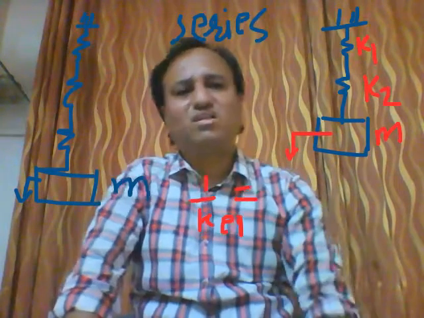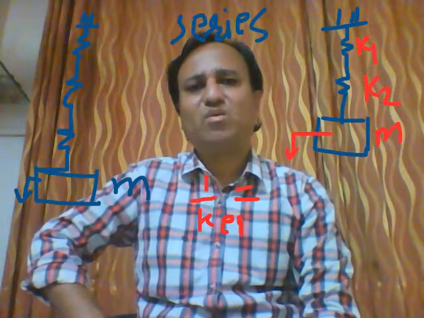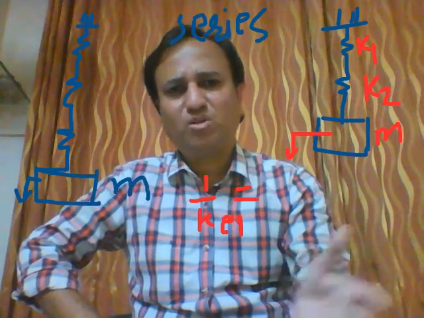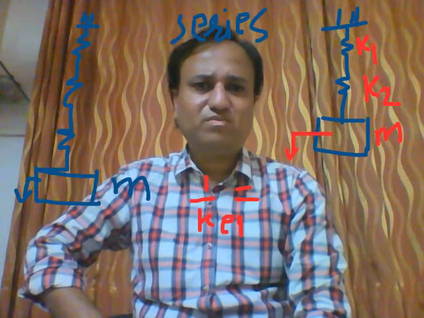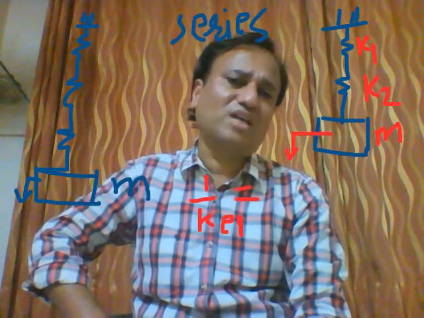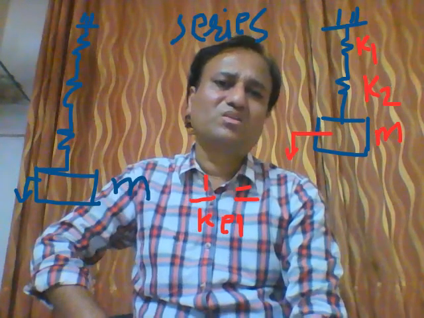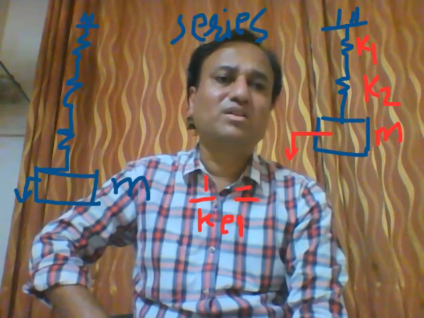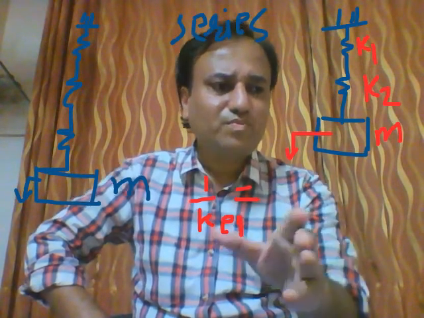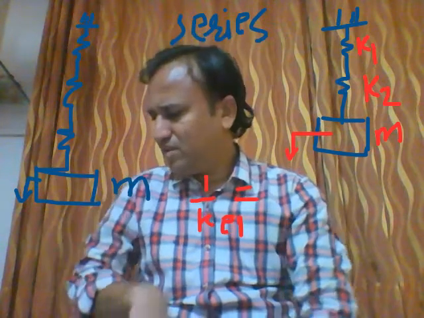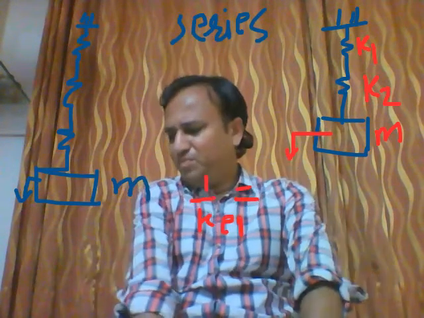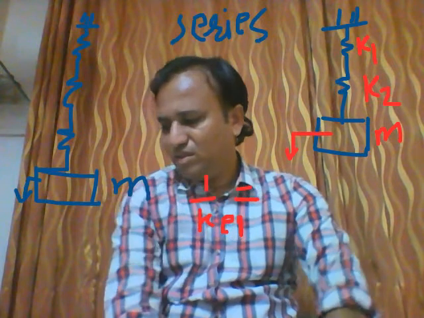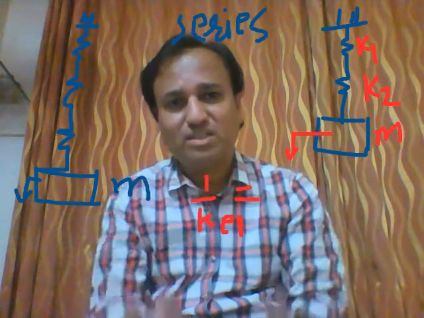In strength of materials you have done the equivalent calculation in the theory of torsion, that is shaft in series, shaft in parallel. The same analogy. See, either the deflection, students, either the displacement will be the same or the displacement is different.